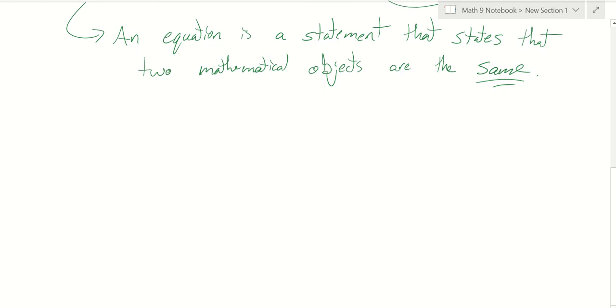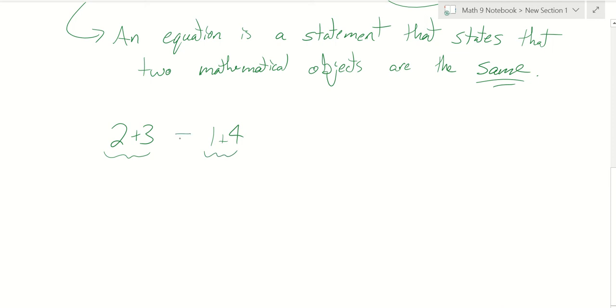I'll give you an example. 2 plus 3 is a sum. And 1 plus 4 is another sum. What can we say about these two sums?